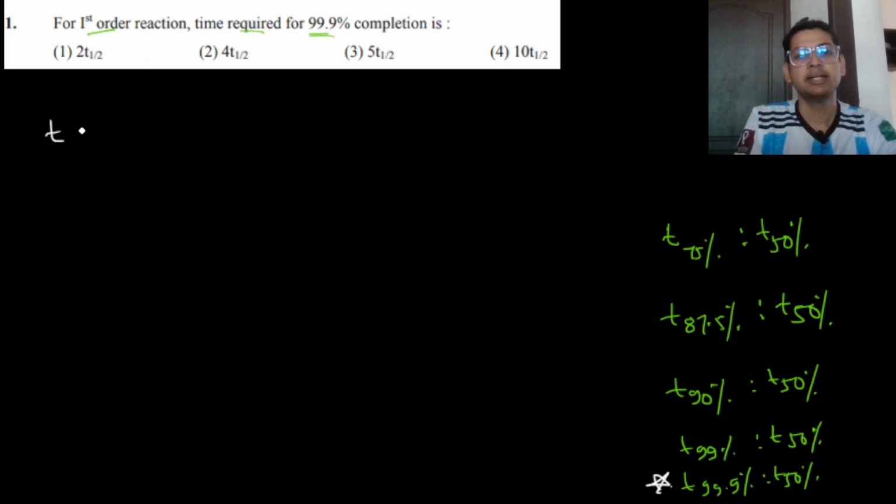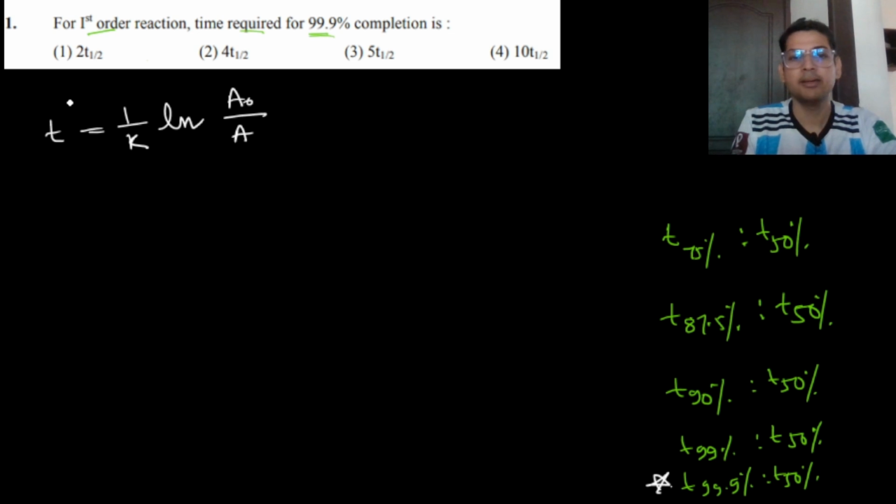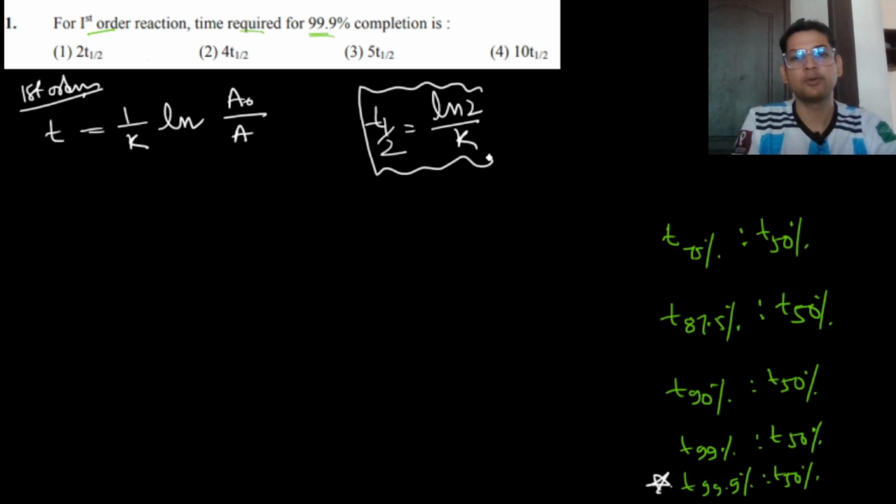We can write T equal to 1 by K ln A naught by A, because it's a first order reaction. And we can write that T half is equal to ln 2 by K. Now I am putting the value.